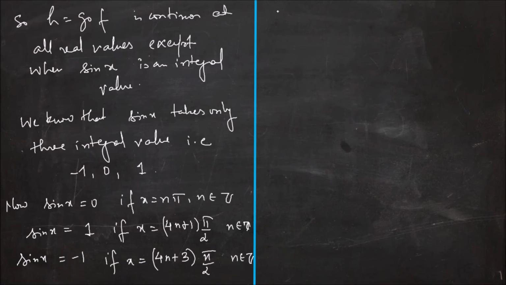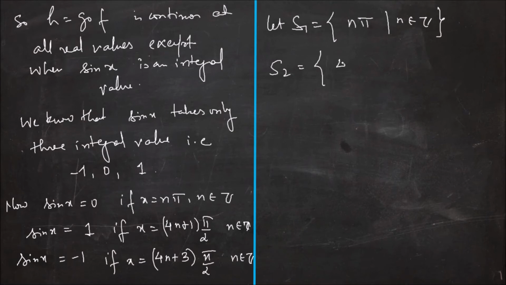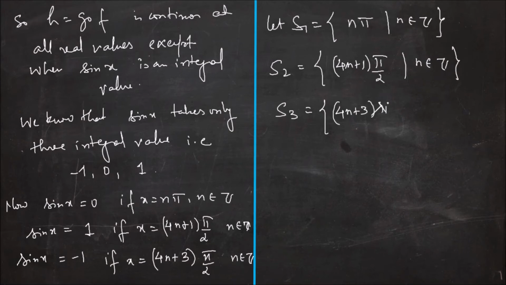So let S1 be equal to {nπ : n belonging to Z}, S2 is equal to {(4n+1)π/2 : n belonging to Z}, and S3 is equal to {(4n+3)π/2 : n belongs to Z}.